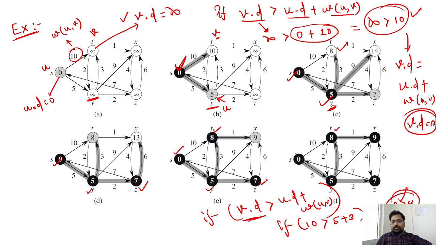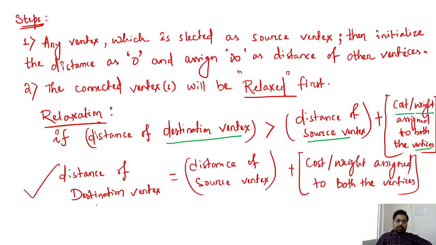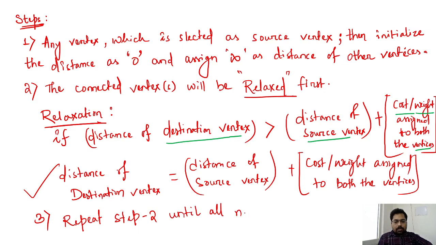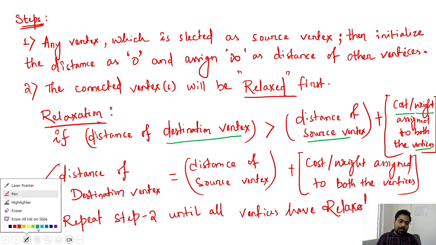That is why we can say every node has been relaxed properly. So I must say third point, repeat step 2 until all nodes or vertices have relaxed. Until all have been relaxed, we have to run it.